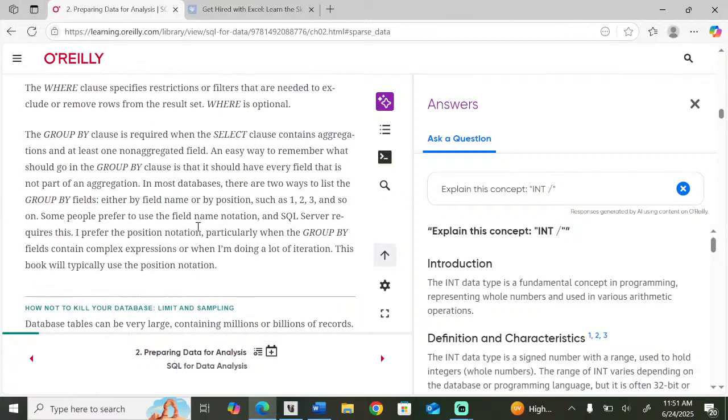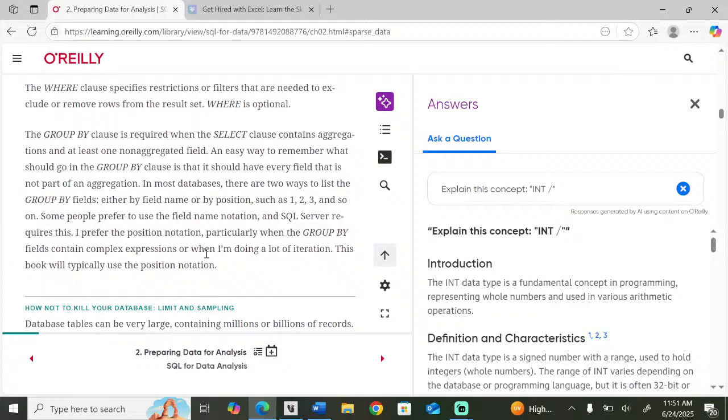Some people prefer to use the field name notation. I prefer position, particularly when the group by field contains complex expressions. This book will typically use position notation.